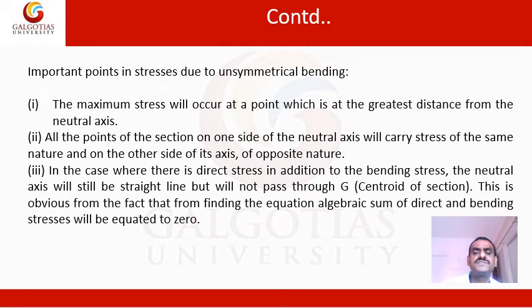Important points in stresses due to unsymmetrical bending. The maximum stresses will occur at a point which is at the greatest distance from the neutral axis. The second one is that all the points of the section on one side of the neutral axis will carry stresses of the same nature, and on the other side of the axis, of opposite nature. For example, if you consider the bending of beams, the beam is subjected to bending.